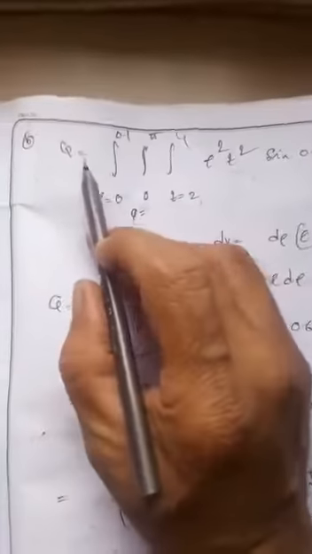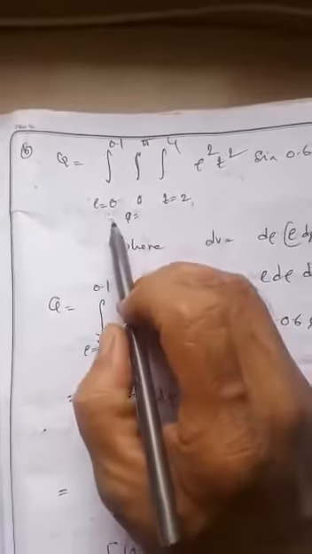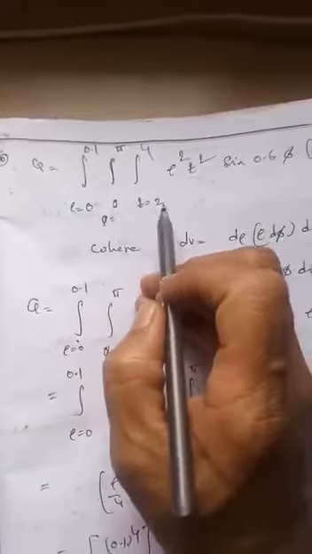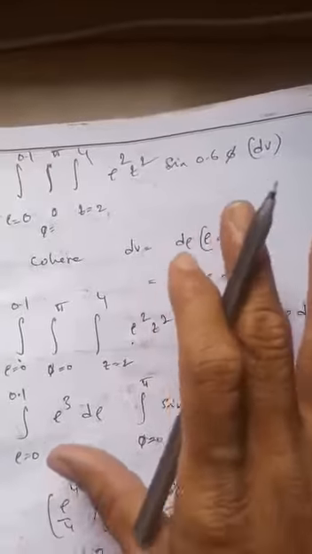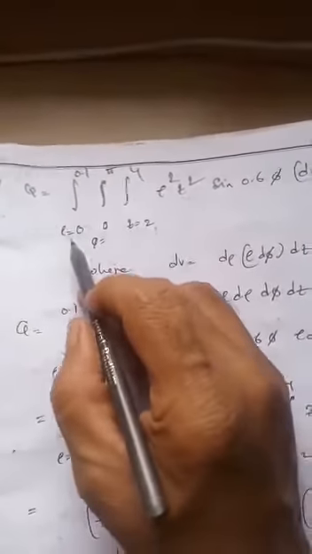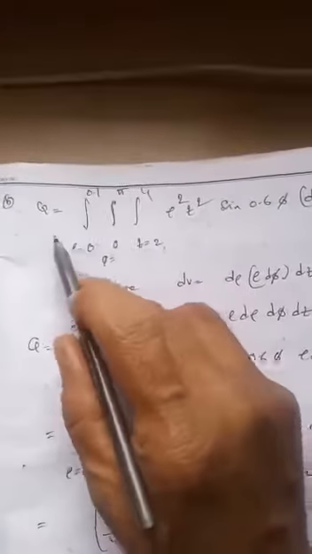And for problem b, the values of rho, phi and z are directly given. This is the direct problem, no need to worry about it. So rho varies from 0 to 0.1, and q is equal to the integral of rho v dv.